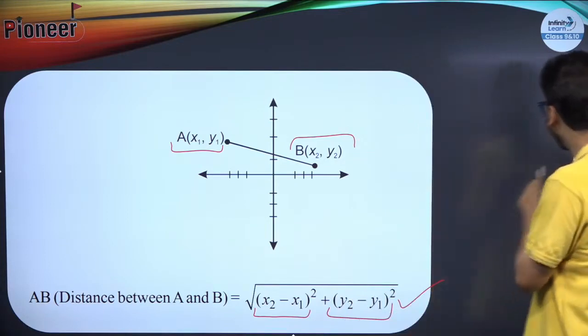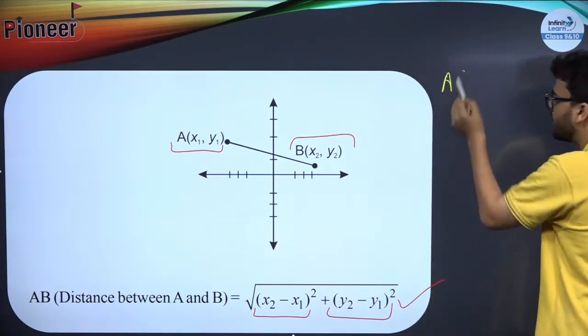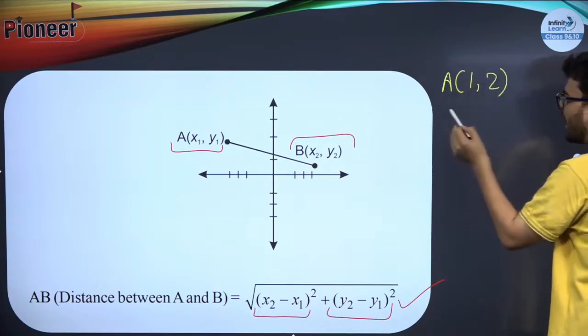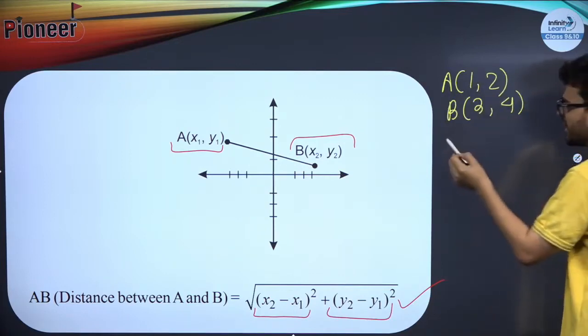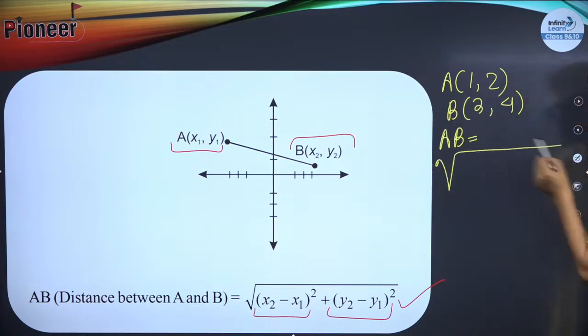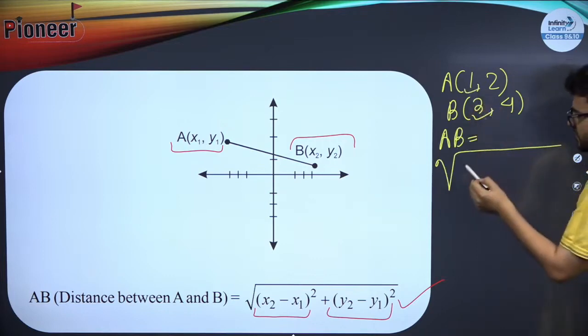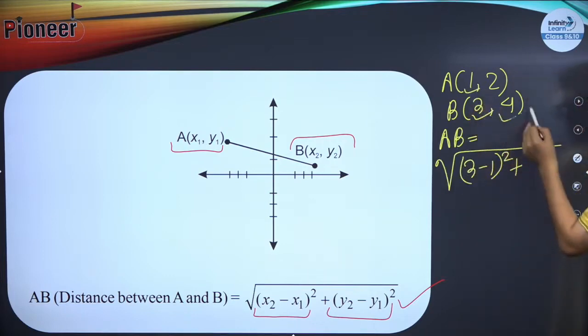Suppose I'm giving you a very simple example. Suppose I want to find the distance between the points A 1, 2 and B 3, 4. So the distance between them AB will be what, guys? Square root of x2 minus x1, so 3 minus 1 the whole square, plus y2 minus y1, so 4 minus 2 the whole square.